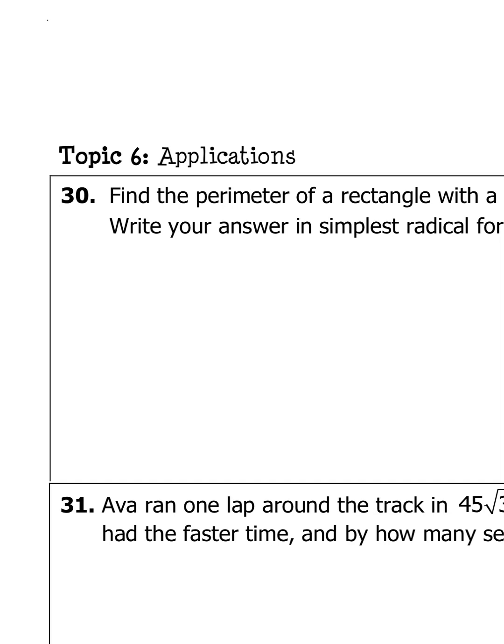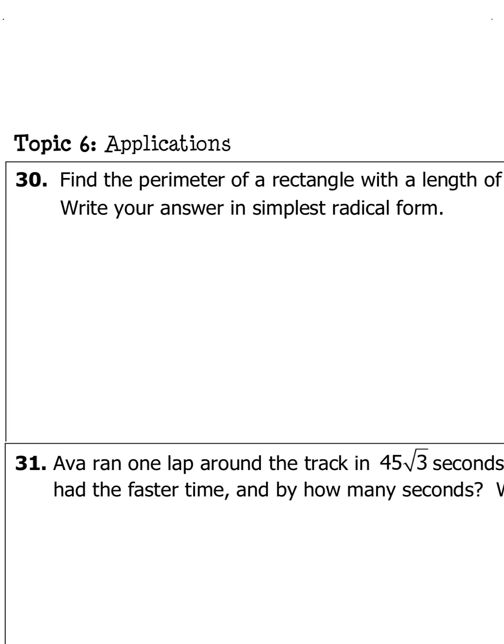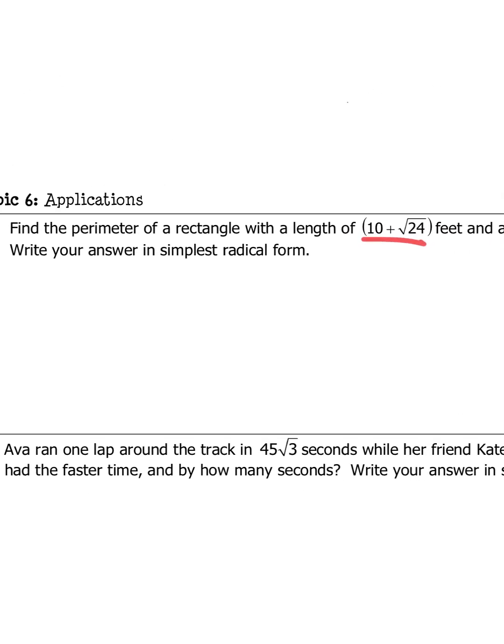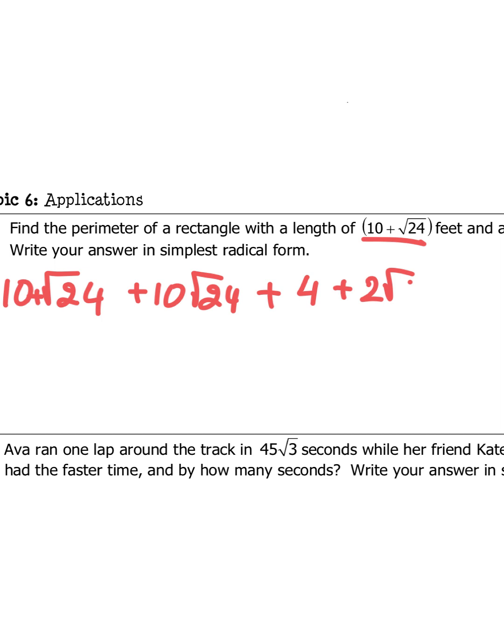Find the perimeter of a rectangle with the length of 10 plus square root of 24 and the width is this. Okay, so there are two ways. Either you do this one twice, making sure there's a plus in the middle, 2 lengths and 2 widths.